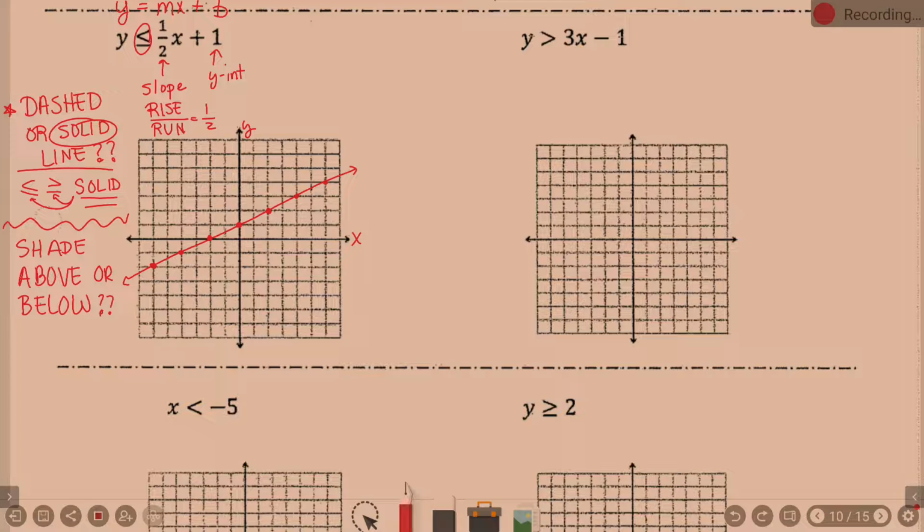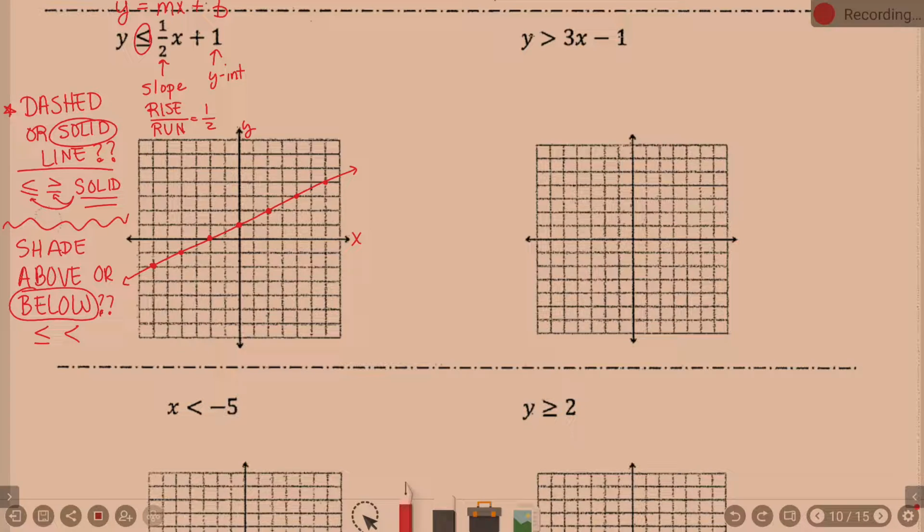And it goes back to this sign again. What sign did we have here? That is a less than, less than or equal to. If it was less than or equal to or less than, where are numbers that are less than things? If you have a choice of above or below, it's going to be below.